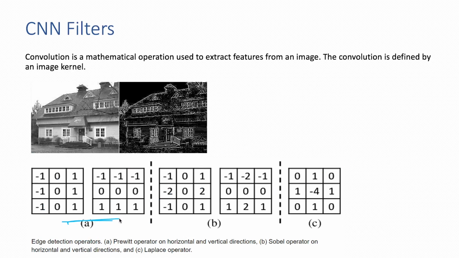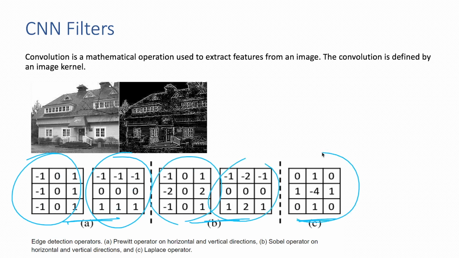This here is the Prewitt operator, this is the Sobel kernel, and this is the Laplace operator. The Prewitt operator in horizontal direction, and this in vertical direction. Sobel operator in horizontal and vertical directions, and this is a Laplace operator. As I have mentioned, these kernels extract different types of features. We'll have to choose our kernels wisely. So that's what I wanted to explain to you right now.